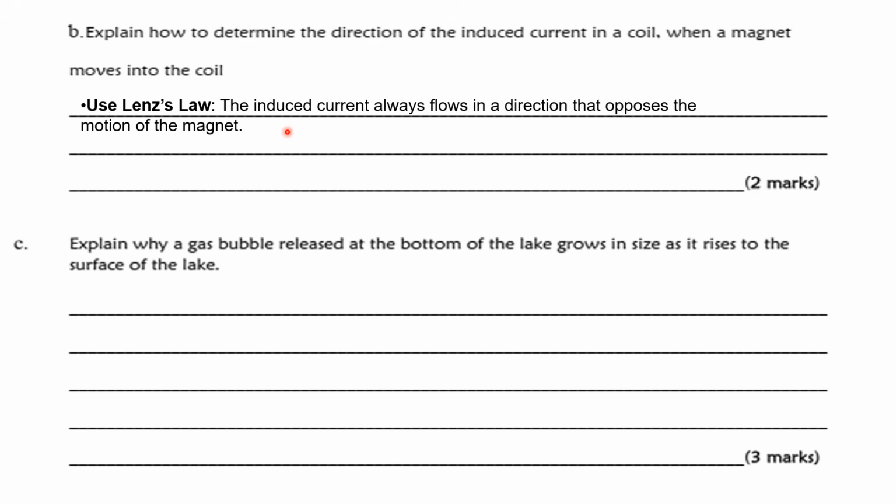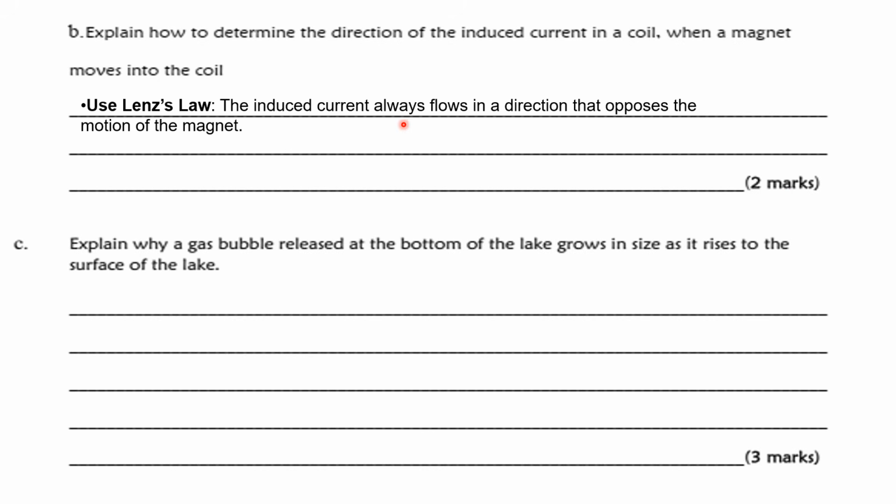So in this case, the direction of the magnet with respect to the coil can be used to determine the direction of current as well. So just state a use of Lenz's law in case you want to support your answer to get your 1 mark.